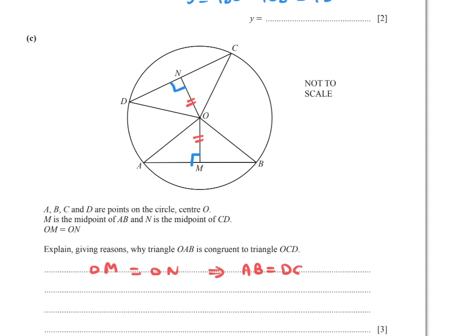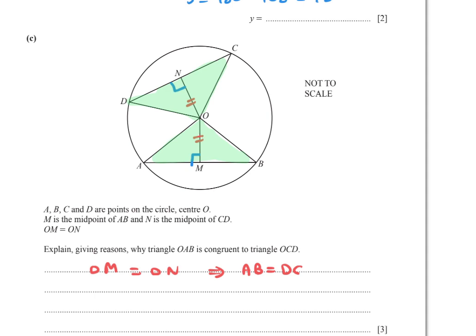Now in the two triangles, triangle OAB and the other triangle ODC, the sides are equal because OD equals OA equals R, and OB equals OC equals R, and AB equals DC. We proved that.